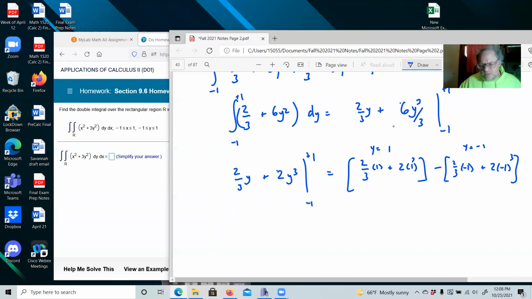Okay, so here we go. We have 2/3 plus 2. Negative of a negative is a positive, so plus 2/3. Negative, negative, so plus 2. And we end up with 4 plus 4/3. How do we want to say that?